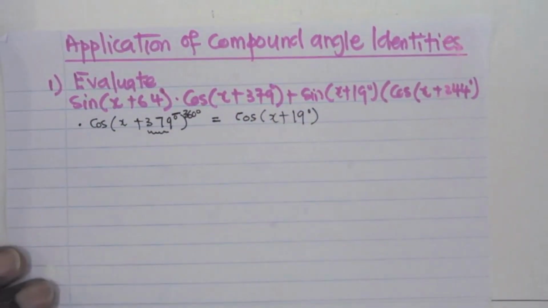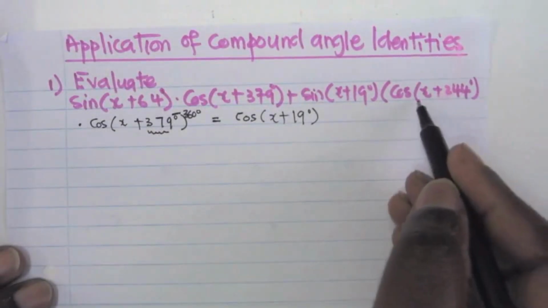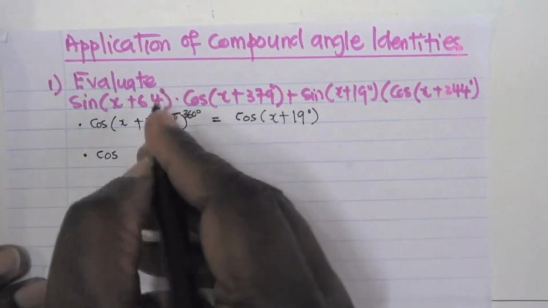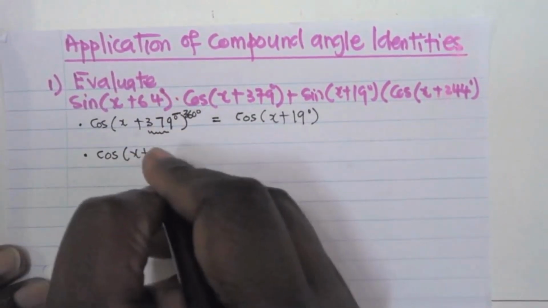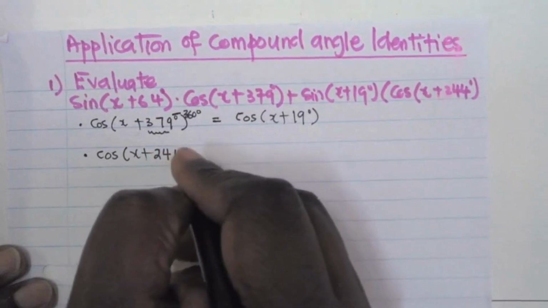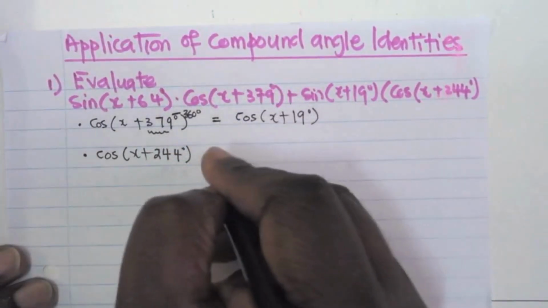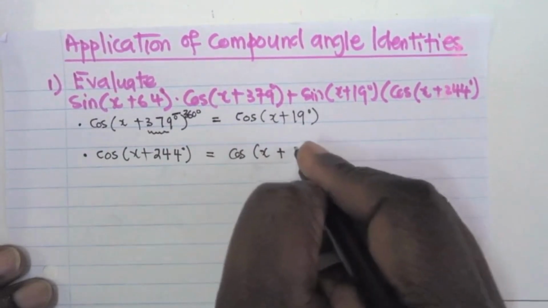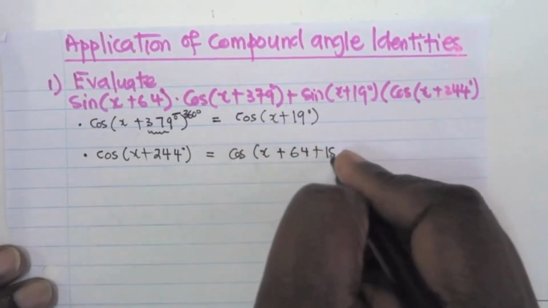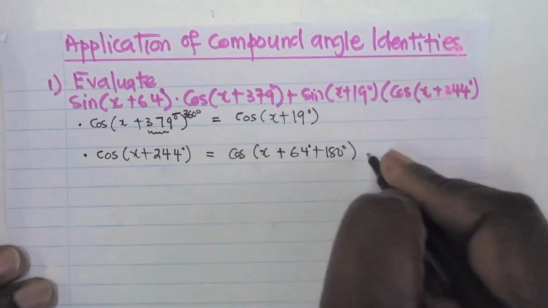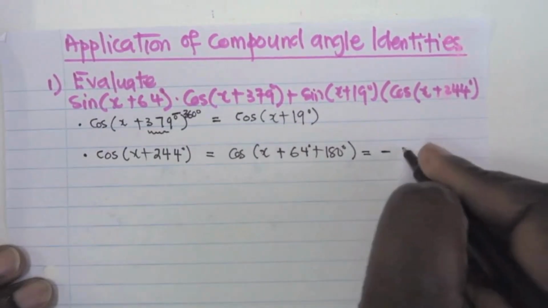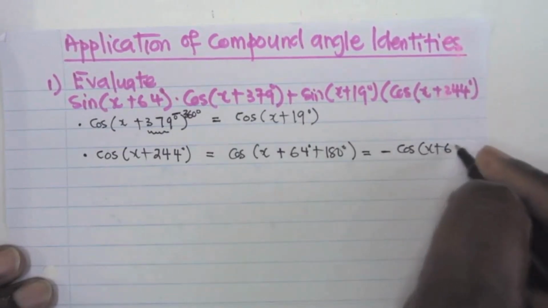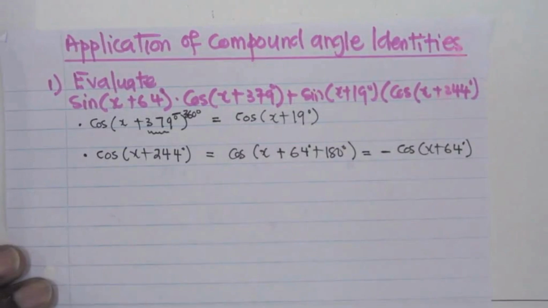And if I look at the last part here, it says cos(x + 244 degrees). I can write this as, and my final answer will be negative cos(x + 64 degrees).